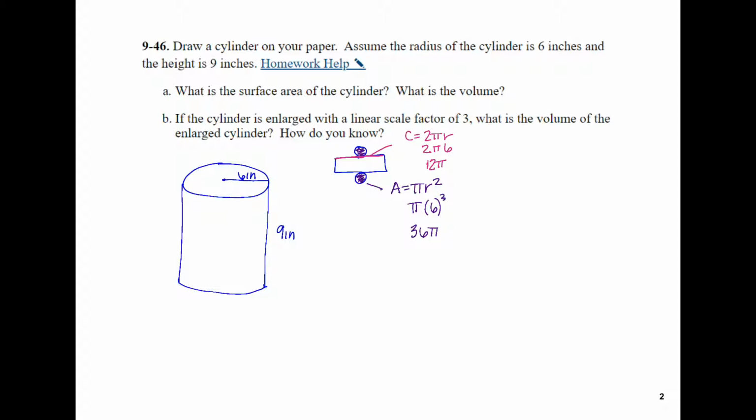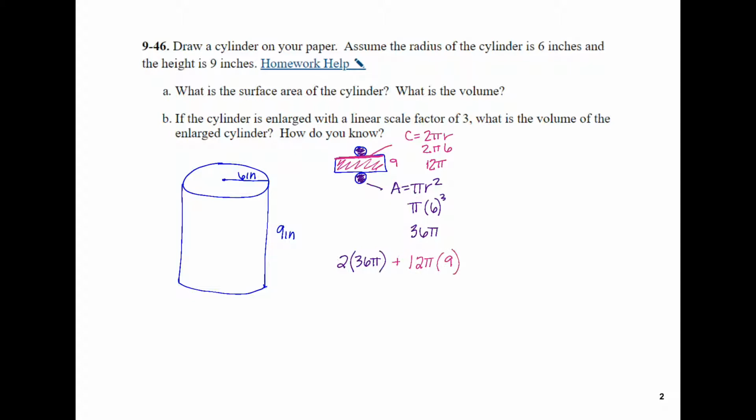So if we have pi times 6 squared, we have an area of 36 pi. Knowing that we have 2 bases, we need to multiply 2 times that area of the base, and then add that to the area of our rectangle, which we know is 9 inches tall. We found the circumference, so we know the length of our rectangle is 12 pi.